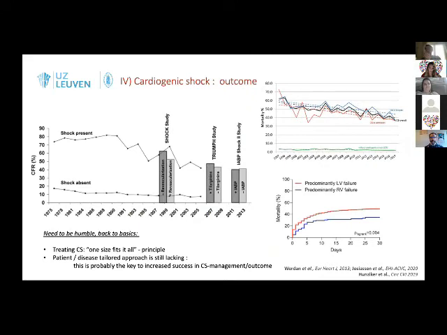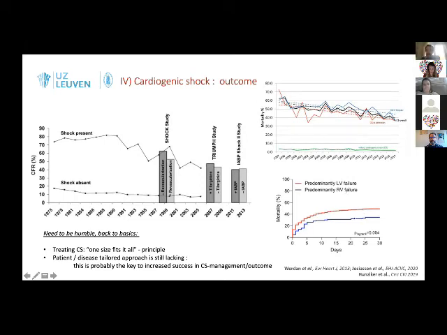So, outcome of cardiogenic shock. Although, as I told you before, we have many new inotropes, vasopressors, mechanical circulatory support and whatsoever, mortality of our patients in cardiogenic shock still remains high. And maybe we had a downward mortality slope in those years when PCI was coming in, but so far the curve is still staying at a mortality of approximately 50%, although we have those MCS devices coming in. And more and more we see in sub-analyses of cardiogenic shock studies that the mortality is highly dependent on what the underlying problem might be.